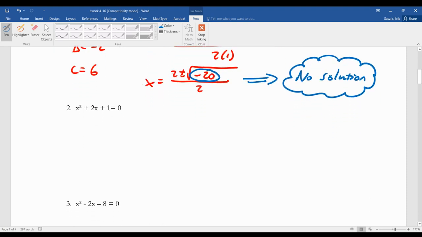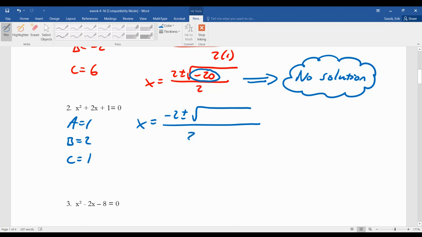Okay, here's another problem. It's already set equal to 0. So A is 1, B is 2, C is 1 as well. I'm going to plug in, so this is going to be opposite b plus or minus square root b squared minus 4 times a times c.